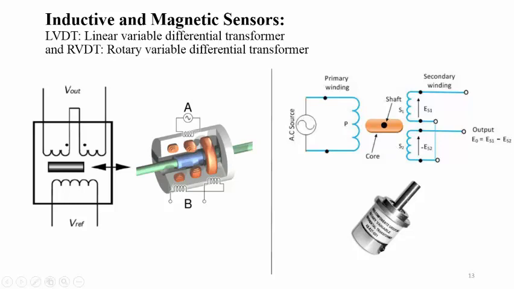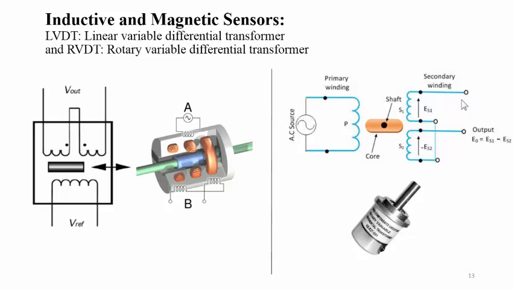Sometimes it is required to measure the angular movement or the angular rotation of the object or the target. So the same kind of connections are observed with the RVDT. In this case, instead of the linear movement of the LVDT, you will find the rotary mechanism.